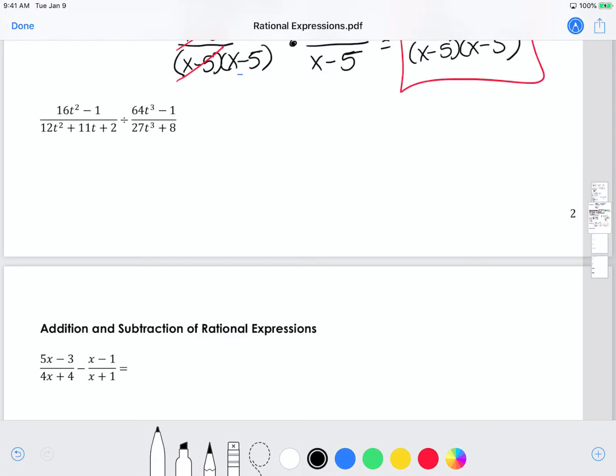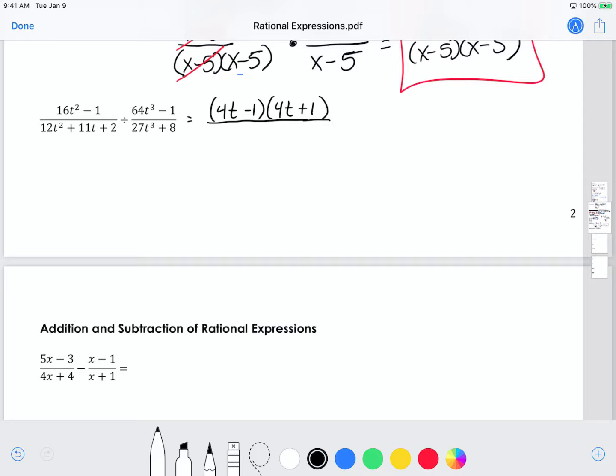Okay, the last example for division, I'm going to factor the top of this first fraction, 16t squared minus 1. That's the difference of squares, so that's 4t minus 1 times 4t plus 1.